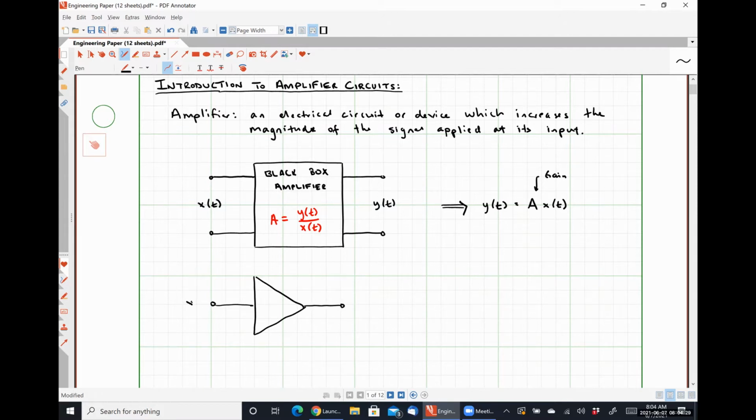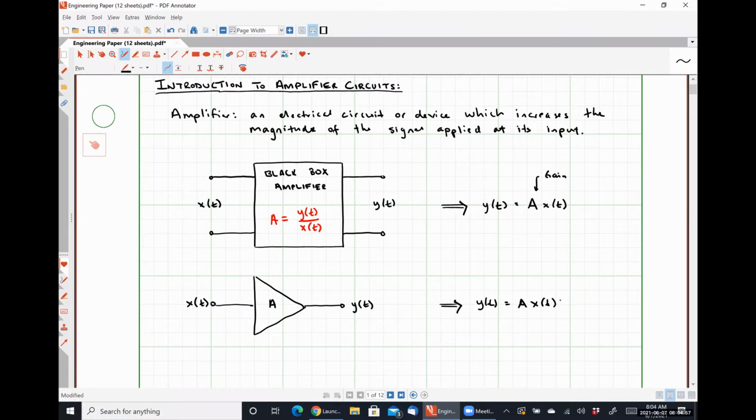And so we would apply X of t here, take our output Y of t here. Our amplifier is still characterized by the gain A, and we still have the exact same transfer function. Y of t is equal to A times X of t.